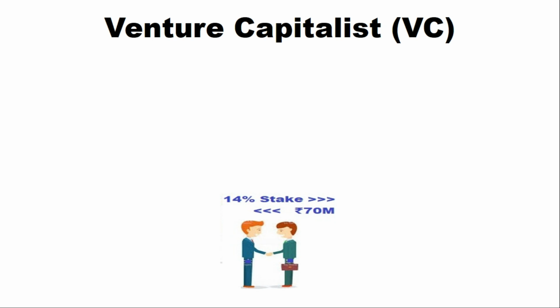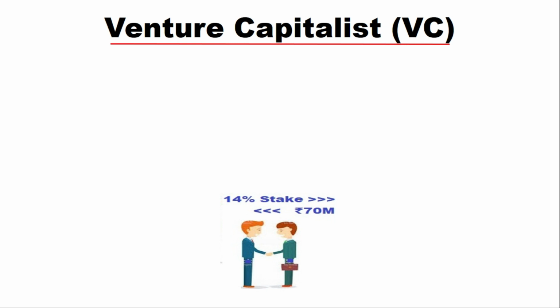Because Mr. Bob's business has clear signals of revenue growth and an obvious pathway to profitability. The investor who typically invests in such an early stage of business is called a venture capitalist or just VC. And the money that the business gets at this stage is called Series A funding.